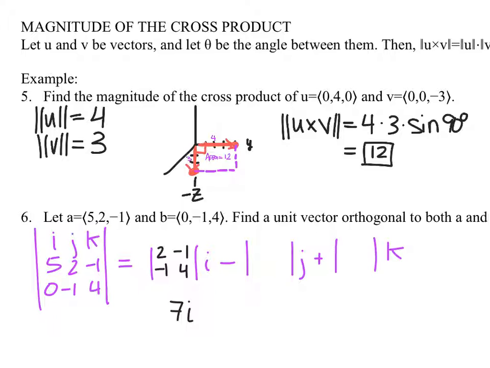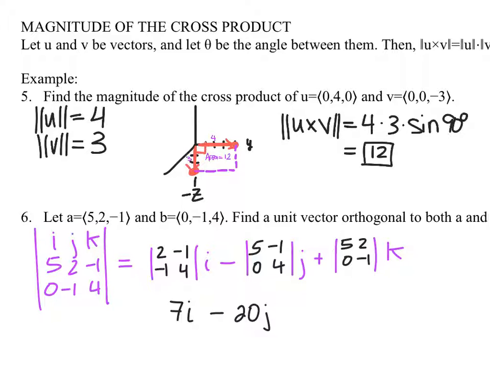For the second one, ignore the j row and column, so 5, -1, 0, 4. So that's just a 20, right? Because on the diagonal up, 0 times -1 is going to be 0. So diagonal down is 20, so minus 20j. And then for the k, ignore the k row and column, so 5, 2, 0, -1.